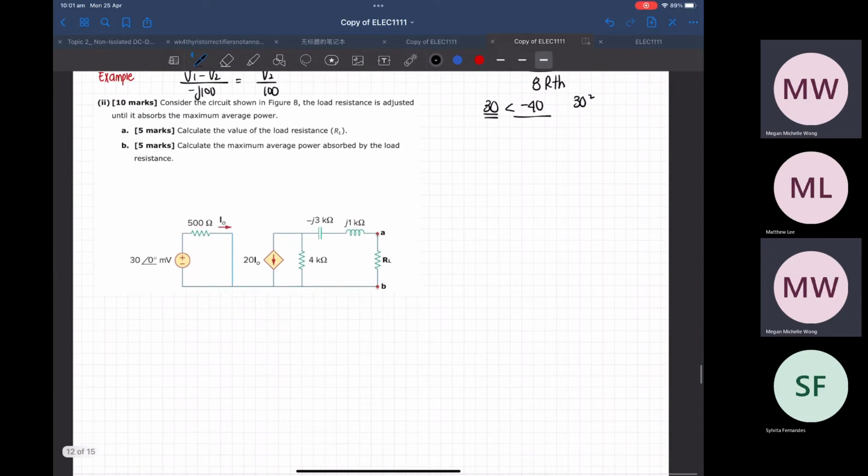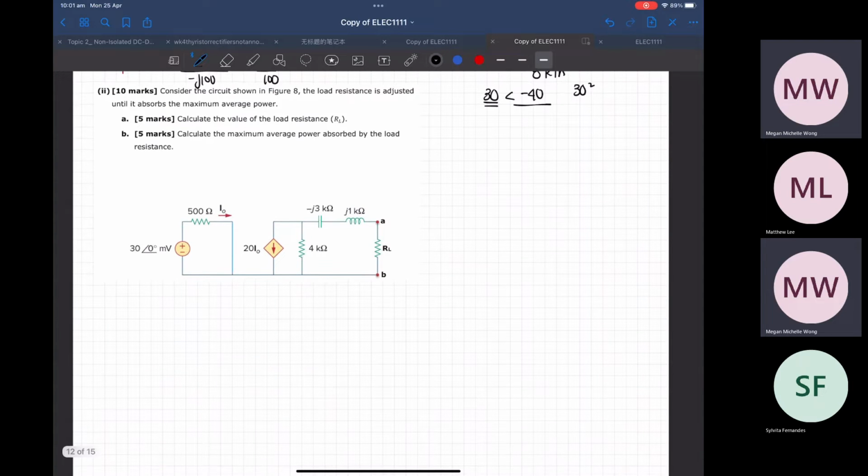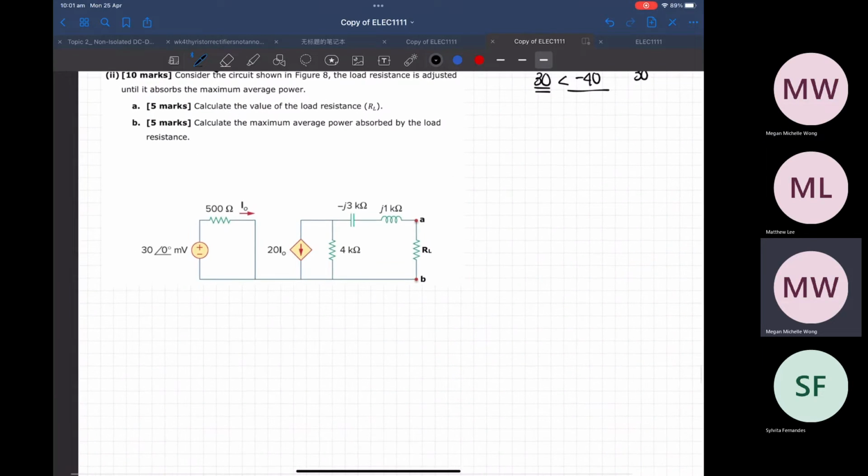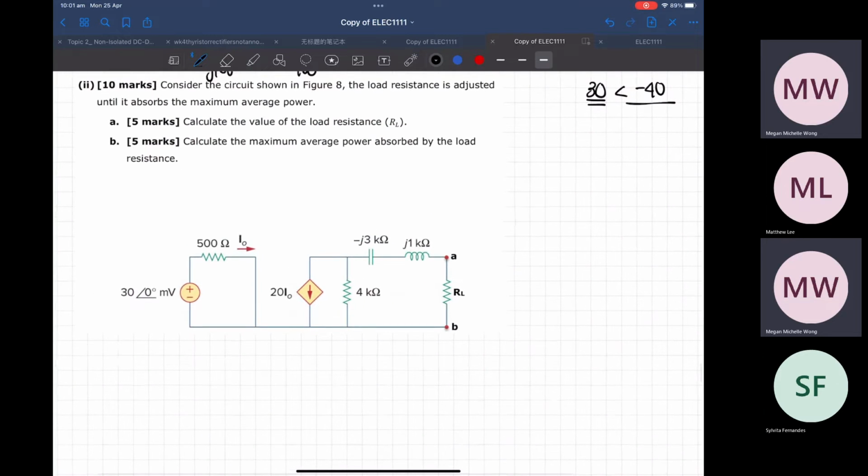So let's now go through with load resistance. So in here we can see we actually have a dependent source, but this circuit is actually a little bit special because if you can see on the left hand side you have a closed loop, and then your I node would keep looping on this side.